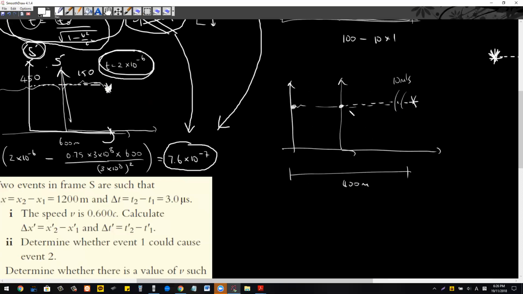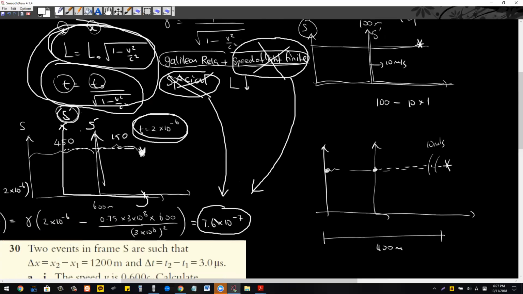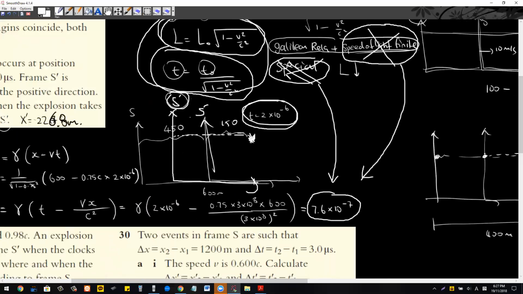But if this is still moving, it will take less than 40 seconds to get there, even without special relativity. So that definitely does influence time, but there's also special relativity going on.